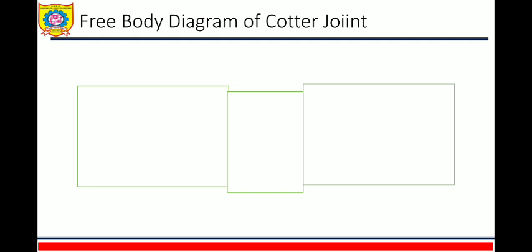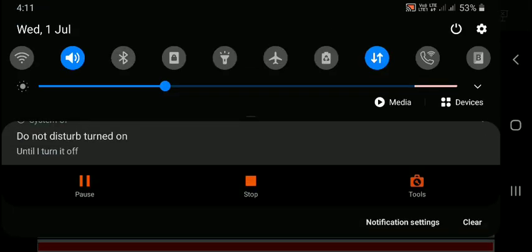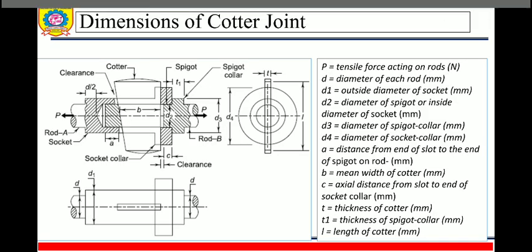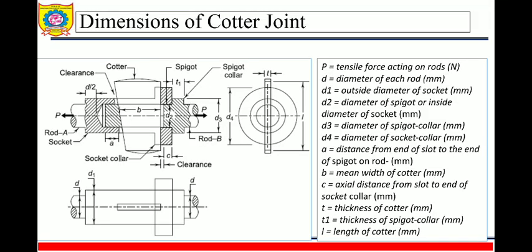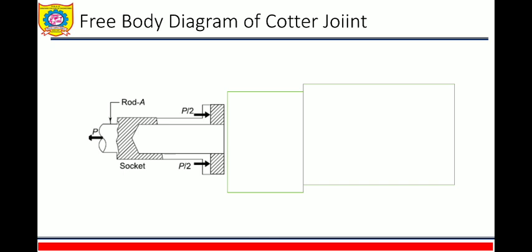So what is the free body diagram of the cotter joint? On the cotter joint we have these many dimensions provided here. How is the free body diagram?